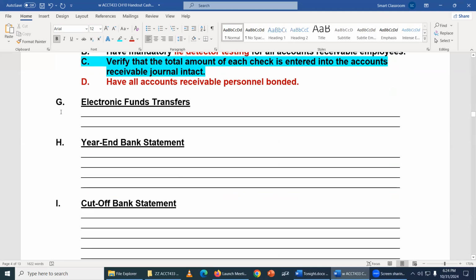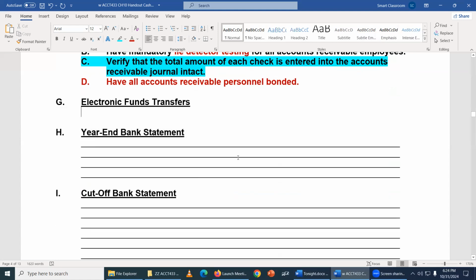Electronic funds transfer, we all know it. Everyone has Yelp and all that kind of stuff. This is when you electronically move funds from one account to another.